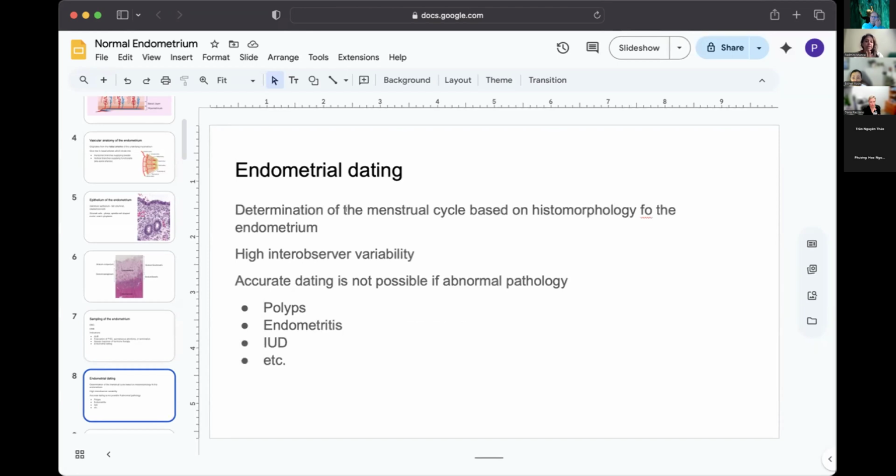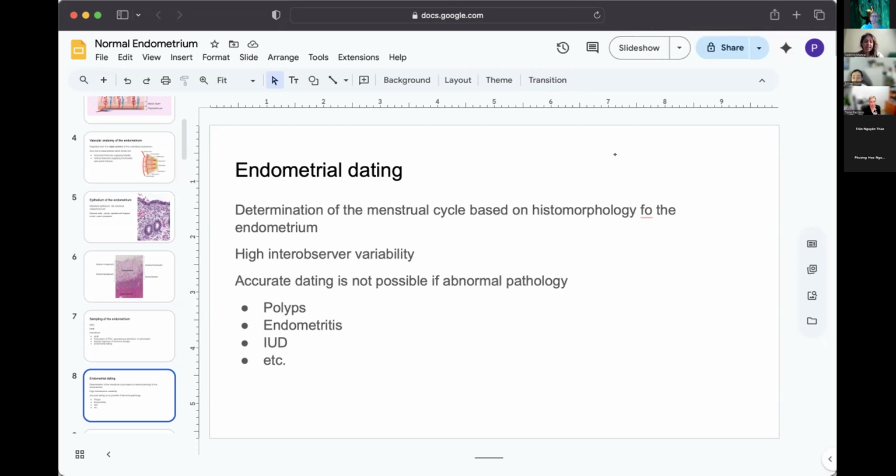So just a caveat to endometrial dating, I'm curious about how much you guys have seen this in your institutions. There is generally a high inter-observer variability with it. So it's something that we do, but just know that it's not always practiced everywhere.